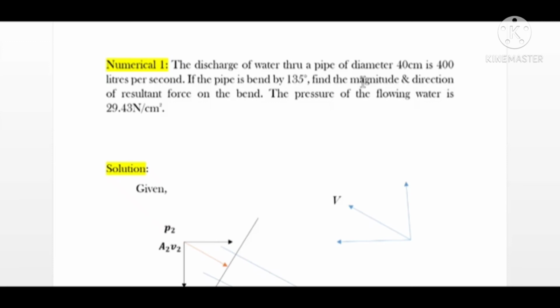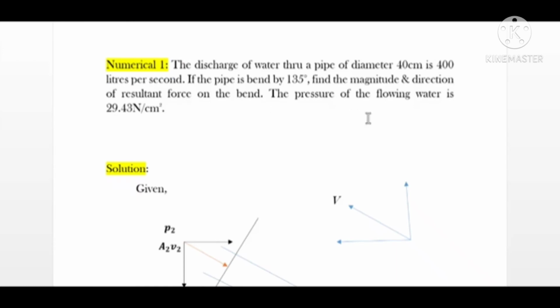We have to find the magnitude and direction of the resultant force that is acting on the bend. It has been given that the pressure of the flowing water is 29.43 Newton per centimeter square.